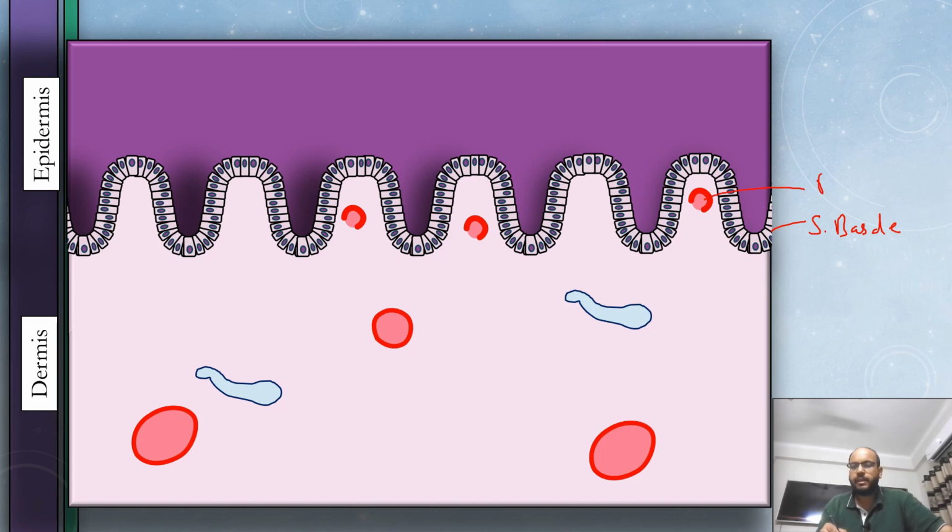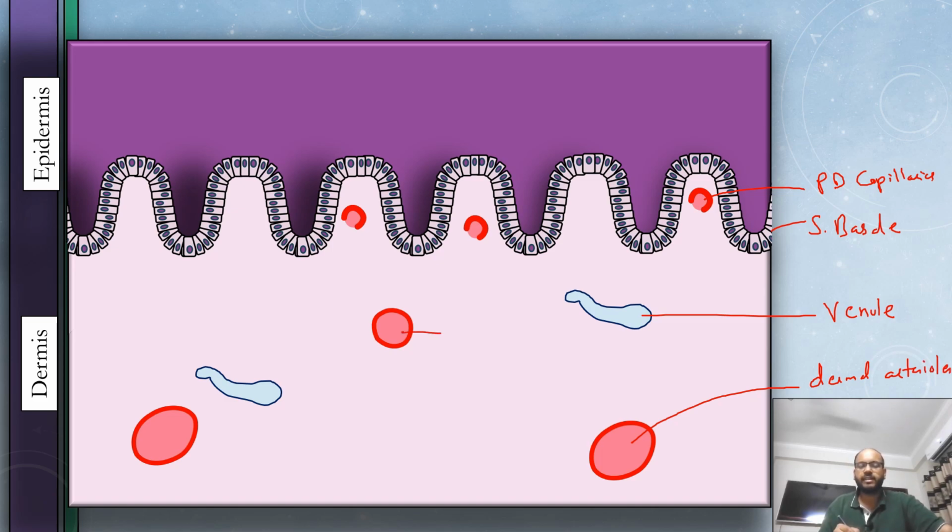Here we see the papillary dermal capillaries, and here we have venules, and these are the dermal vessels, or dermal arteries or arterioles. We know that there is a superficial vascular plexus and a deep vascular plexus, but they are both arterioles. Okay, so this is the rough schematic diagram of a skin biopsy.